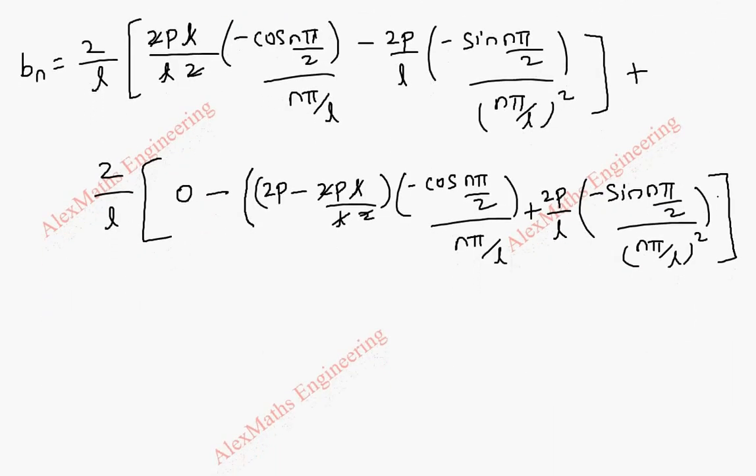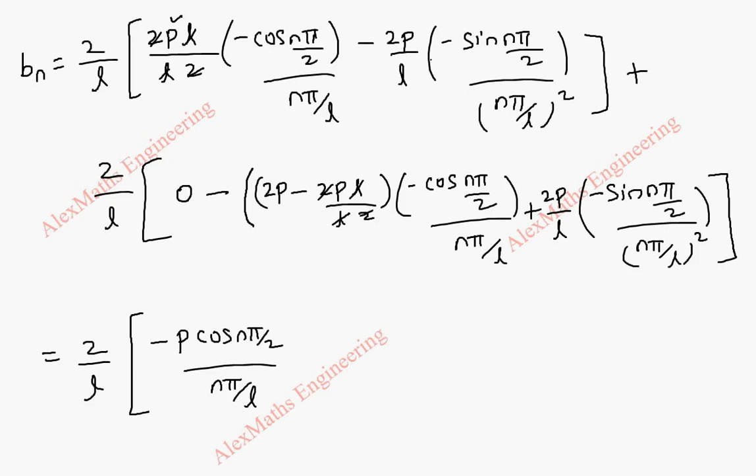Now totally we can take 2 by L common. So the first term is, here we have only p, there is a minus sign. So minus p into cos n pi by 2 by n pi by L. And the second term is plus 2p by L into sine n pi by 2 by n pi by L whole square. And here 2p minus p is p.